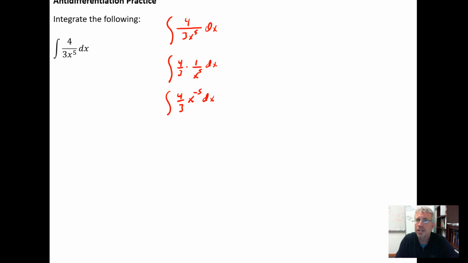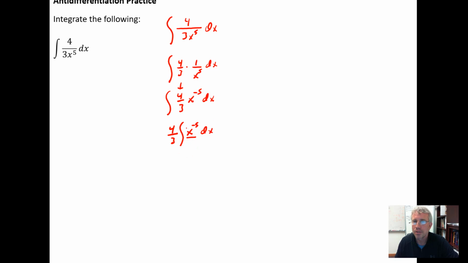If we want to bring the base x into the numerator position, which we do want to do, we're going to need to change the sign on that exponent. And then I want to recognize that I have a constant multiple of an expression, so I can factor the constant multiple out of the integral sign, which would leave me 4/3 times the integral of x to the negative fifth dx.